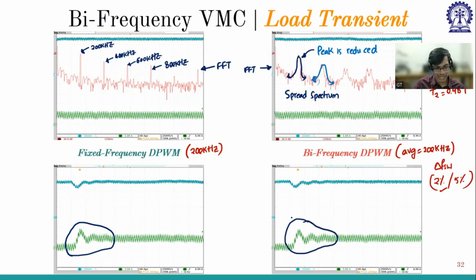So there is a slight change in the transient response, not that noticeable, and it is still okay, because here the frequency of operation is different. There might be a slight effect on the transient response, but not a severe or drastic degradation of the transient performance. It is almost the same, except for a slight difference.